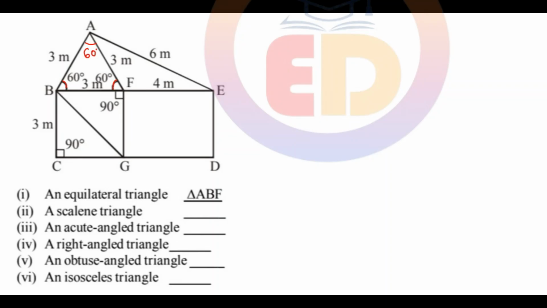Next we have to find out the scalene triangle. Now remember, a scalene triangle is a triangle where all the three sides are different, or all sides are unequal. And here in this figure you can see triangle AFE. I'll take it separately.